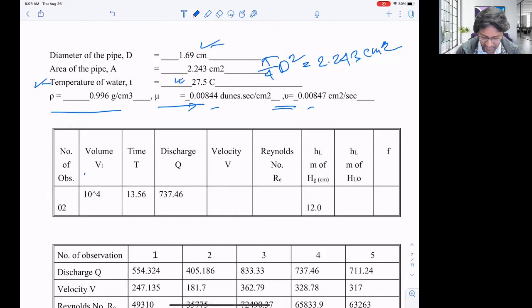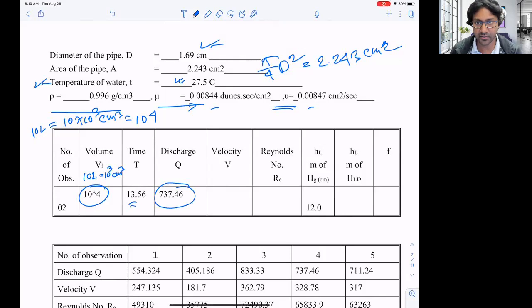So we have 10 liters, and if you multiply by 1000, you get centimeter cube. So 10 into 10 to the power 3 is equal to 10 to the power 4 centimeter cube, right? We have 10 liters of water. Okay, and the time is as before, and we calculated the Q.